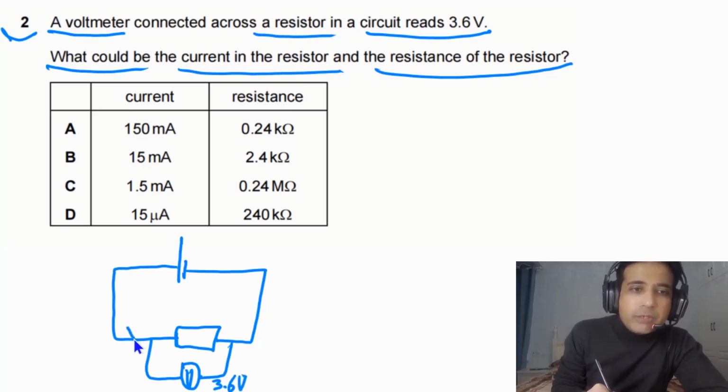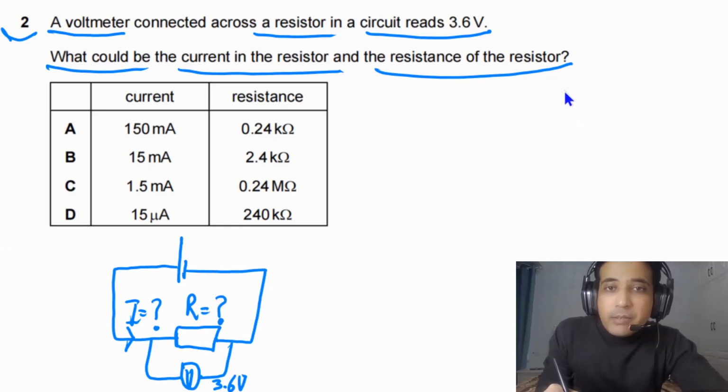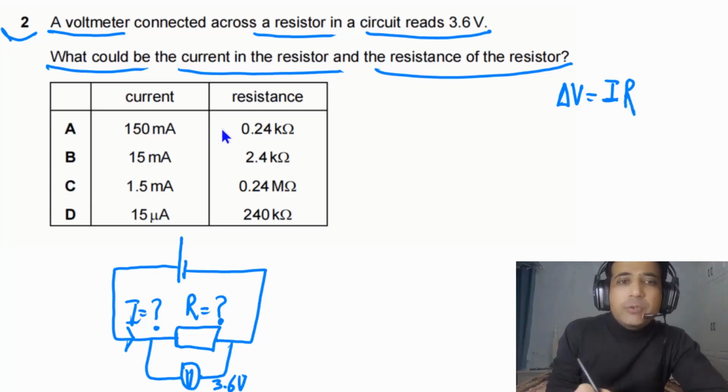Now the question is asking what is the value of I and what is a possible value of R. We need to understand that the potential difference across this resistor is equal to the product of the current passing through it and its resistance. So we need to multiply these two quantities and find which one is equal to 3.6 volts.